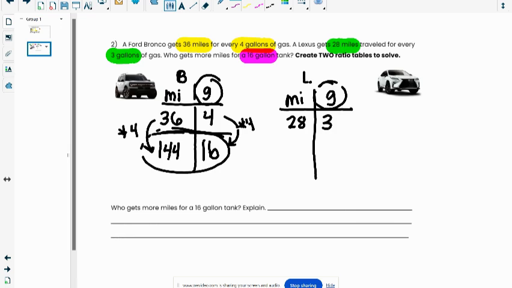Okay. The Lexus is going to get 28 miles for 3 gallons. And we can't go straight from 3 to 16. So what I would do is get 3 down to 1. And it's going to be a decimal, but that's okay because we have a calculator to help us.